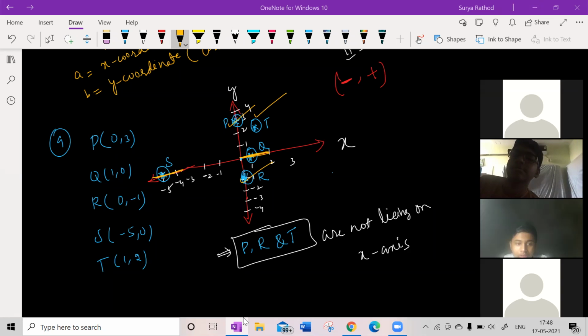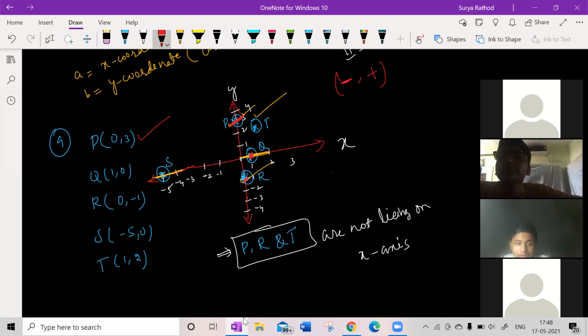Look at this here, what is point P? (0, 3). Where does it lie? Here. Where is Q? (1, 0) is going to be here. Where is R going to be? (0, -1). After plotting the points, I'm giving their respective names.